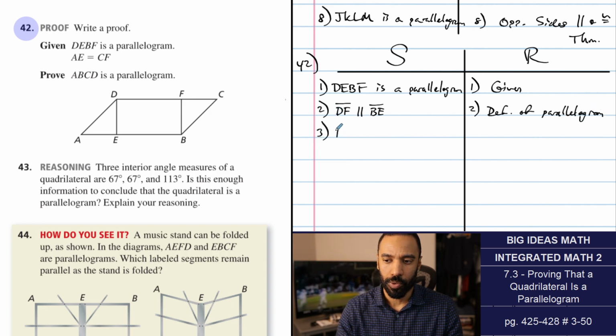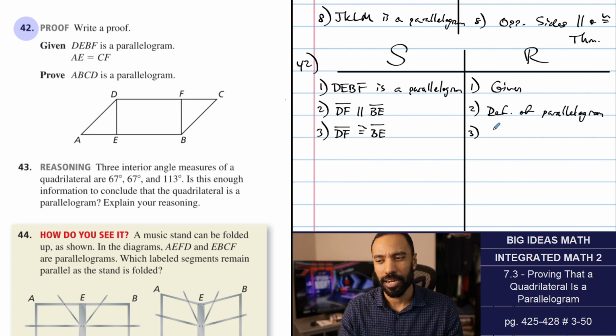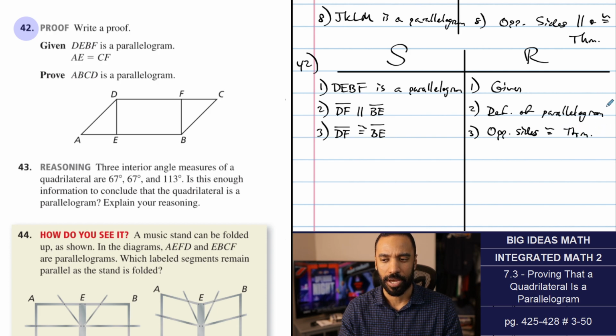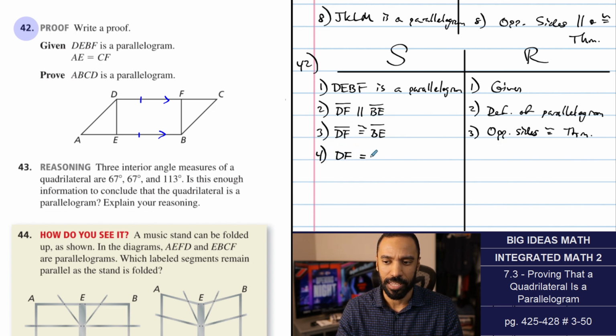And these are congruent by the parallelogram opposite sides congruent theorem. I keep forgetting the name. I'm just going to call it that. Opposite sides of a parallelogram are congruent. So let's mark those things up. I got opposite sides parallel, but I also have DF congruent to EB. Now, if DF is congruent to EB as segments, that means their lengths are equal, and you do need that part. DF equals BE by definition of congruence.